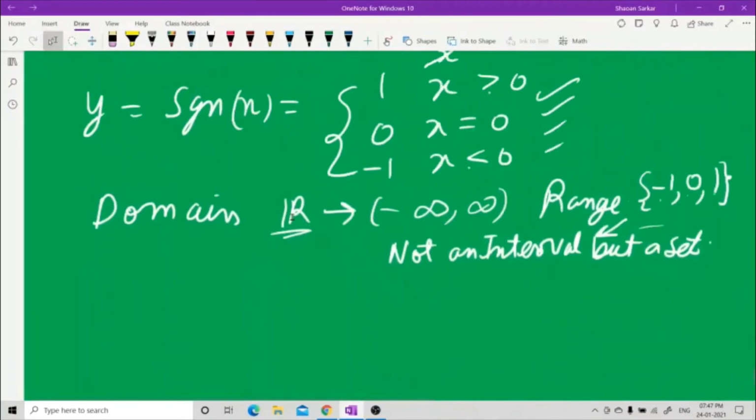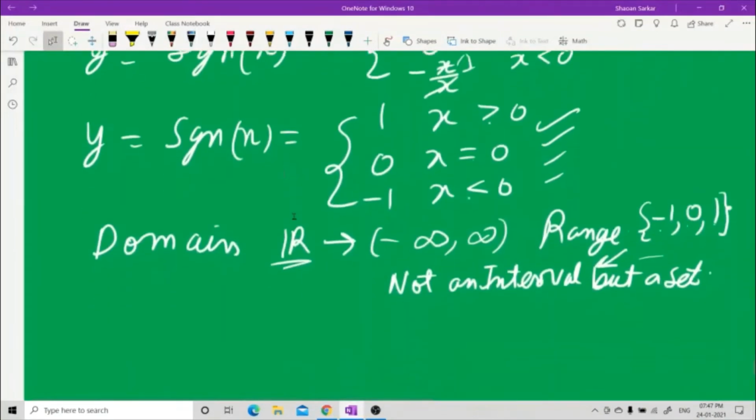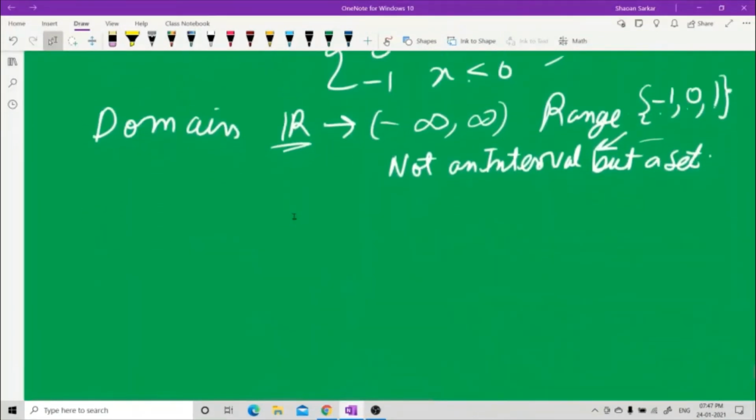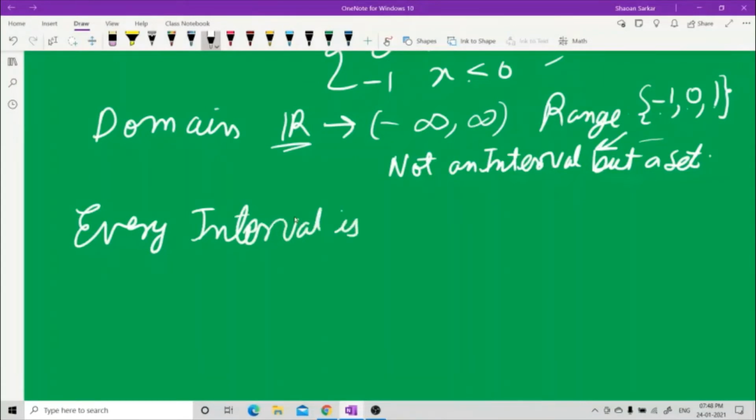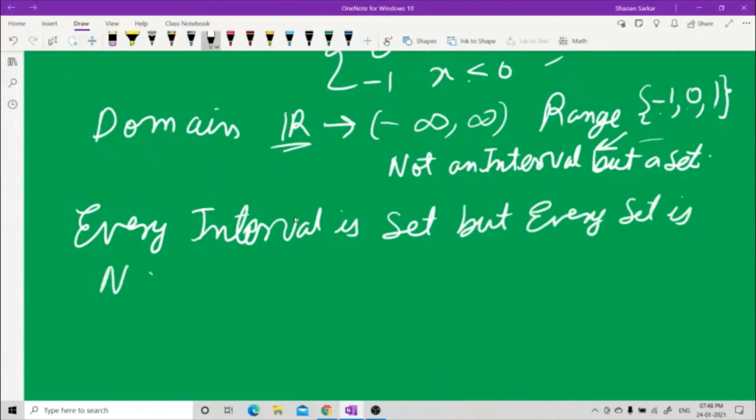Every interval is a set, basically an infinite uncountable set, but every set is not an interval. Keep this point in your mind always. Now let's draw the graph of this. Very simple.